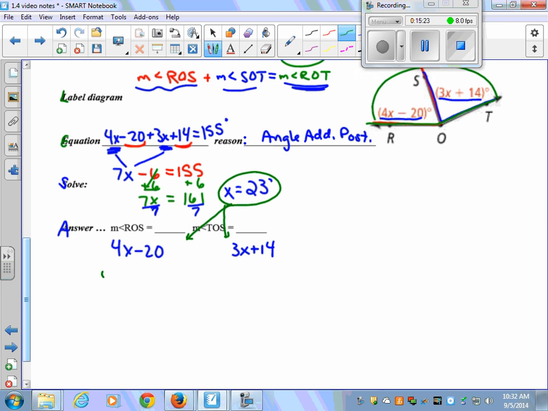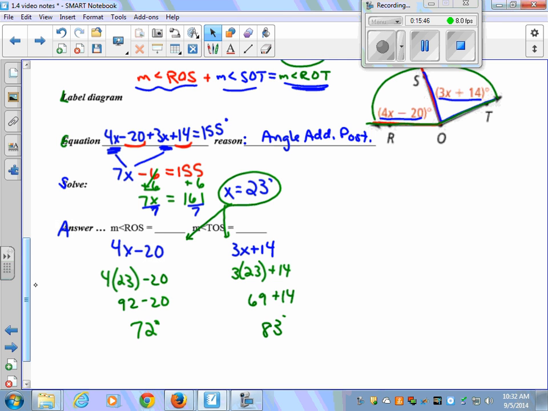So 4 times 23 minus 20: 4 times 23 is 92, minus 20 is 72 degrees. And 3 times 23 plus 14 is 69 plus 14, which is 83 degrees. So to answer our question, we have 72 degrees and we have 83 degrees.